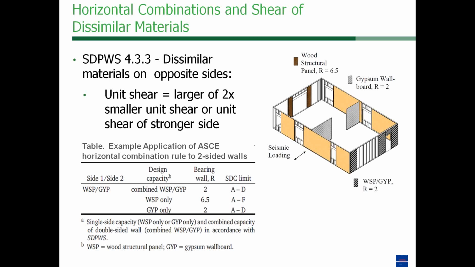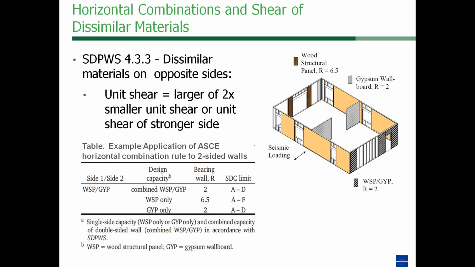And the wind and seismic standard permits you to consider different materials for different sides of the wall. But there is a specific rule: if you're going to do that, you have to establish the unit shear as the larger shear, or 2 times the smaller shear.